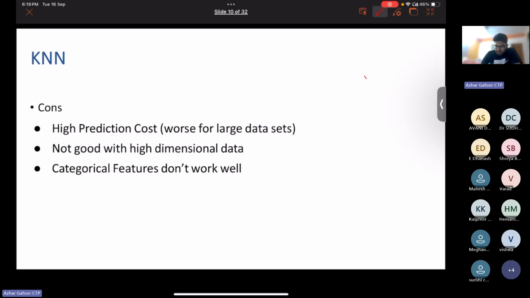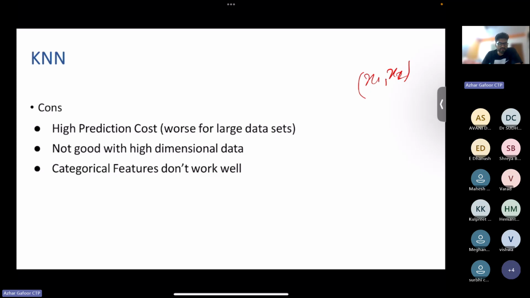Then it's not actually good with high dimensional data. What we have seen is we had only x1 and x2, so only two dimensions describing our data. When this number of features goes to a higher number, it may be difficult, or computationally expensive. Then categorical features do not work well.